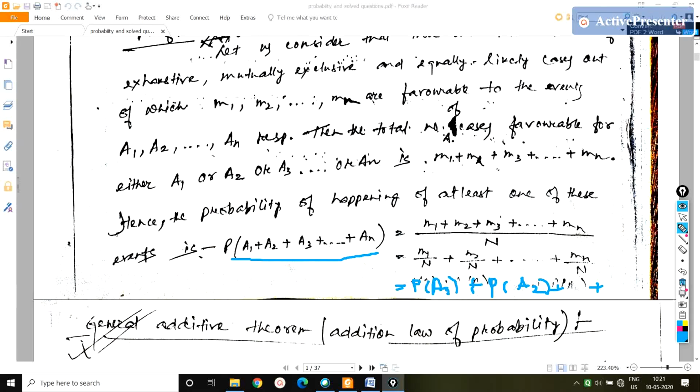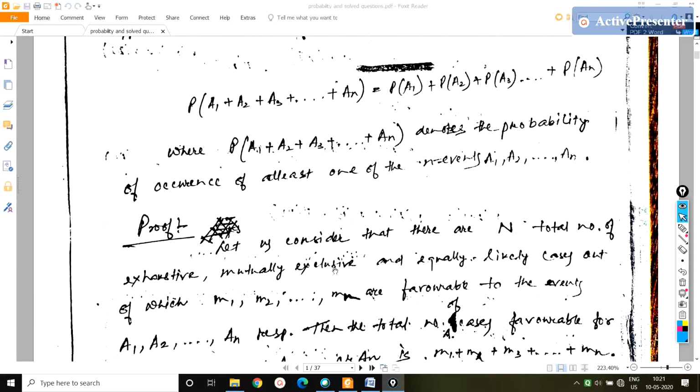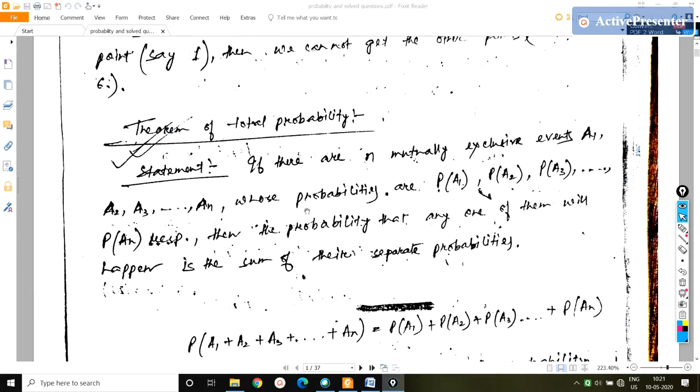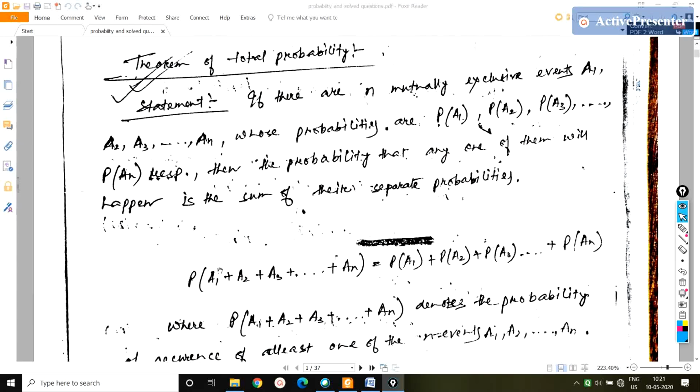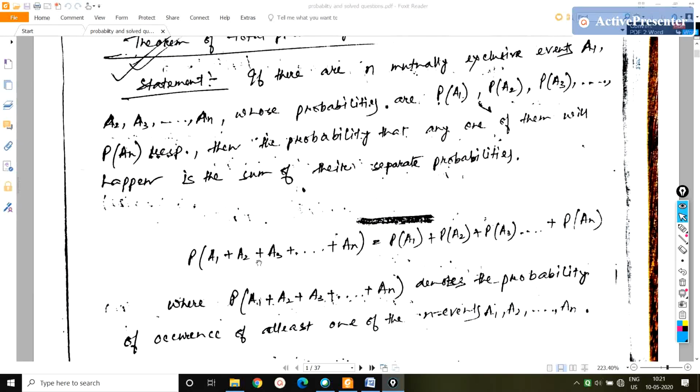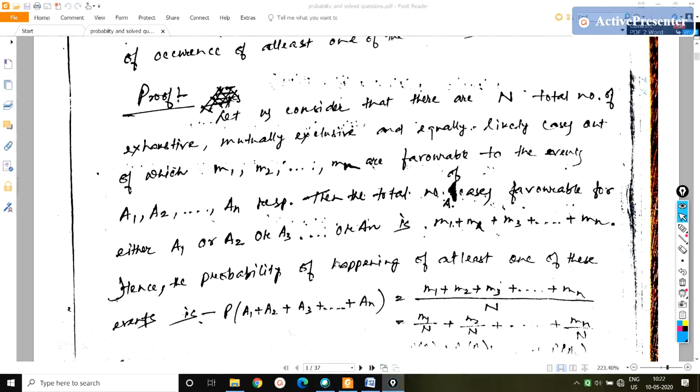So we have shown that probability of A1 plus A2 plus A3 up to An is equal to P of A1 plus P of A2 plus P of A3 plus up to P of An.